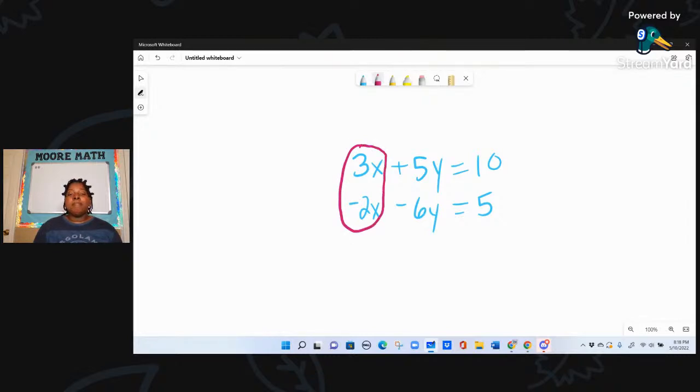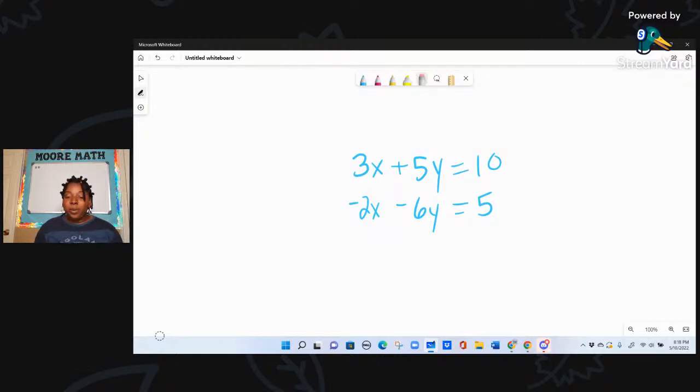Okay. I'm going to turn them, since we have a 2 and a 3, right? We want a common multiple, right? So we have 2, 4, 6, 3, 6. I'm going to turn them into 6 and negative 6. How do I do that? I can't just change one thing in the equation.